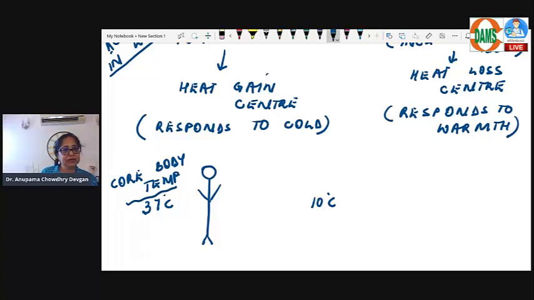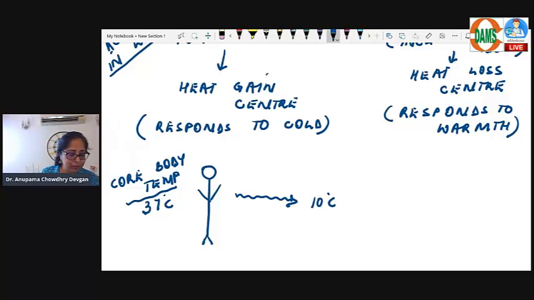Outside temperature is very low. Now, you know that heat has a tendency to move from warmer to colder objects. So, in winters, we are warmer, right? So, there is a tendency to lose heat.